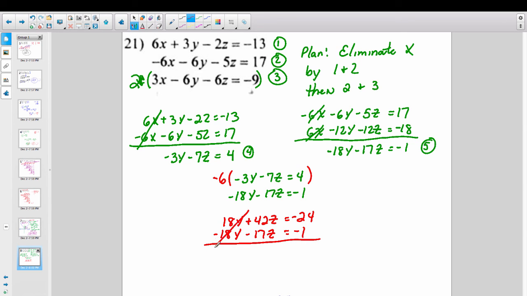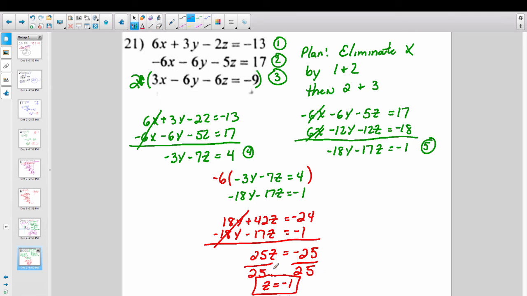Adding those up, goodbye to the y's. 42 minus 17 is 25z equals negative 24 minus 1, negative 25. Oh, this is cool. Now we can actually solve for z. Divide both sides by 25. Z equals negative 1. That's my first answer.